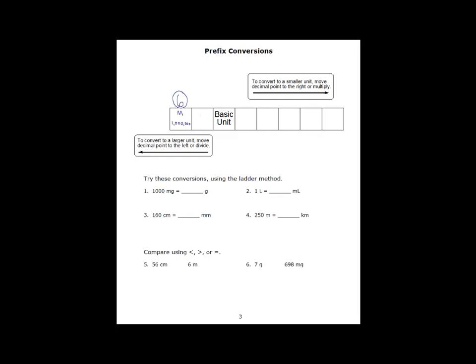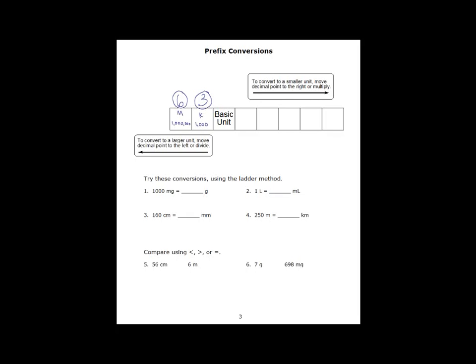Kilo, remember the symbol for kilo is a lowercase k, and the base unit multiplier is 1,000, or 10 to the third. So you move the decimal 3 places. So these numbers that I'm putting at the top of the ladder will make more sense in a few minutes. So then we have the basic unit on this ladder.